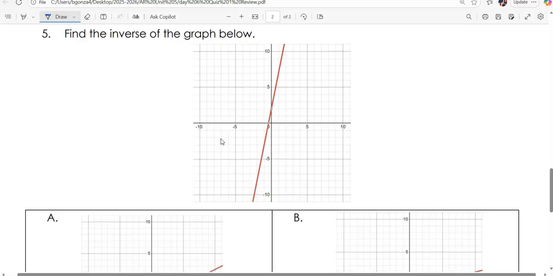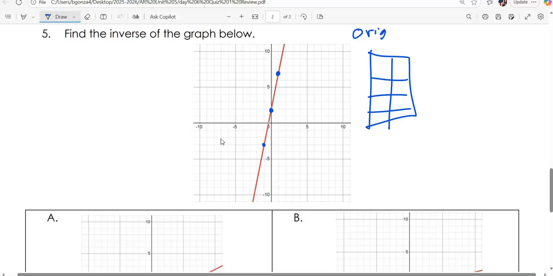Inverse graph. So once again, you've got this point and you've got this point. And then you got this point. 4, 5, 2, 3, 4, 5.